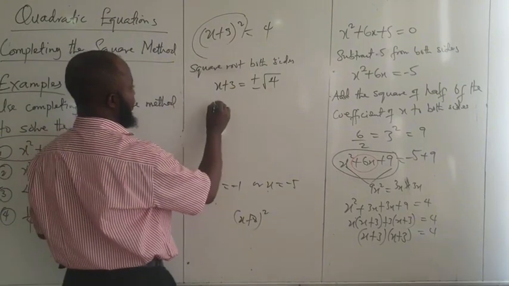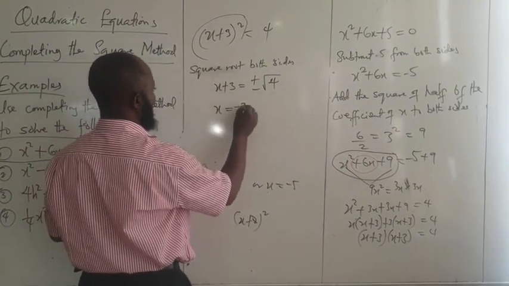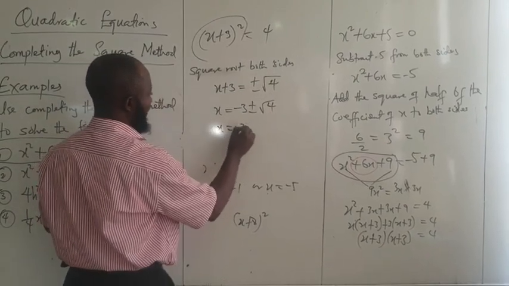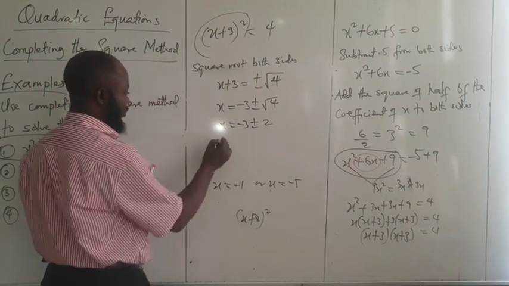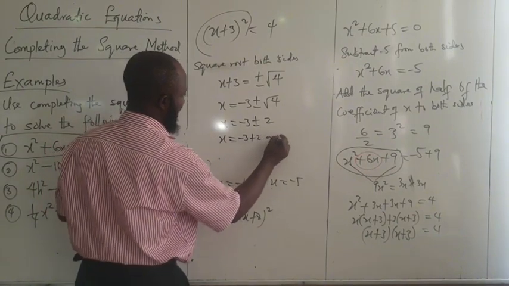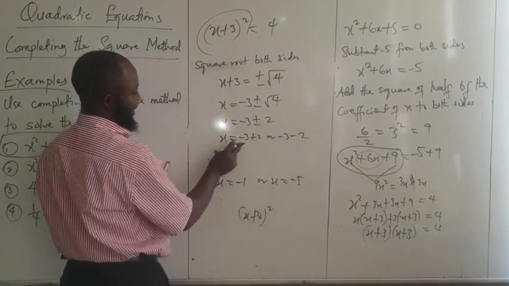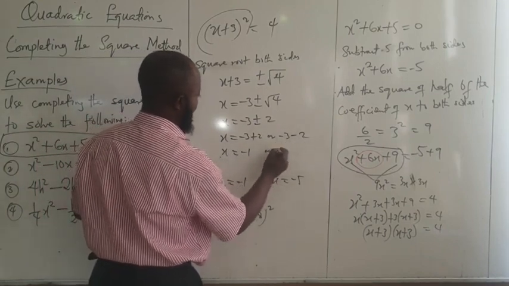So in that case, we take this to the other side, x equals minus 3 plus or minus square root of 4. So that will be x equals minus 3 plus or minus what? 2. So we can have x equals minus 3 plus 2 or minus 3 minus 2. So x equals minus 3 plus 2 is minus 1. Minus 3 minus 2 is what? Minus 5.